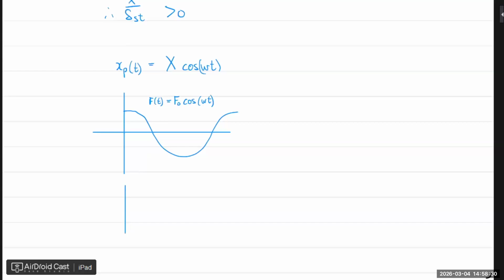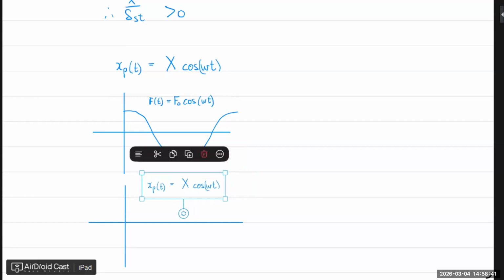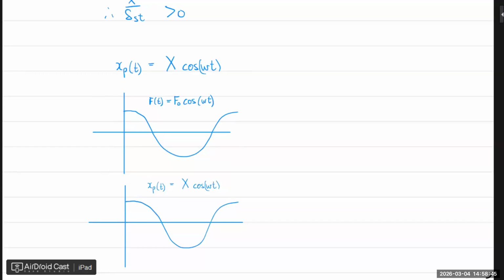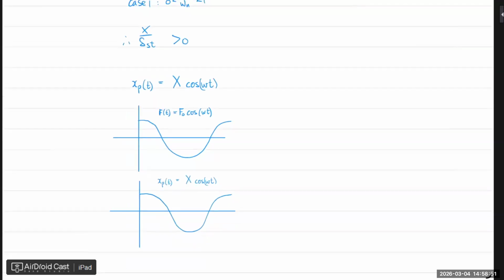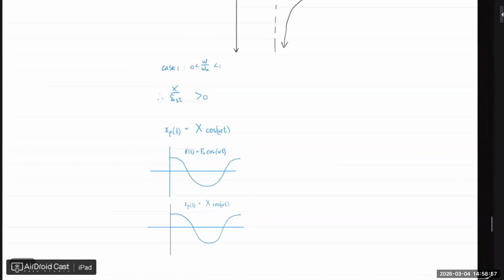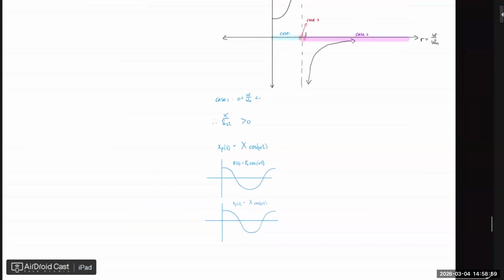And my xp graph, this part here, let's just make it smaller, that part there is also a positive cos graph. So everything is nice. Everything is in the same direction. The force and the amplitude are in the same direction. And that is case 1 from that graph.